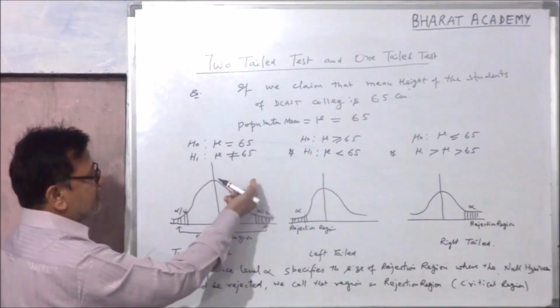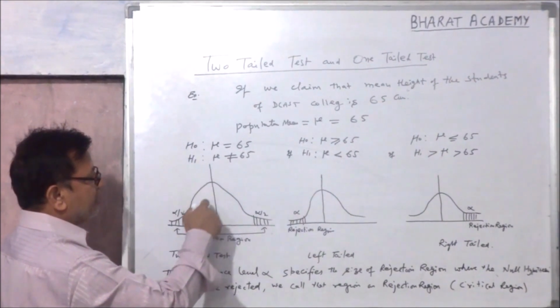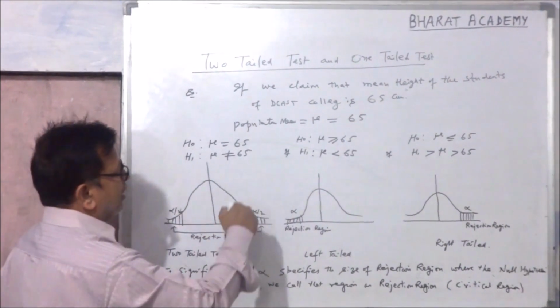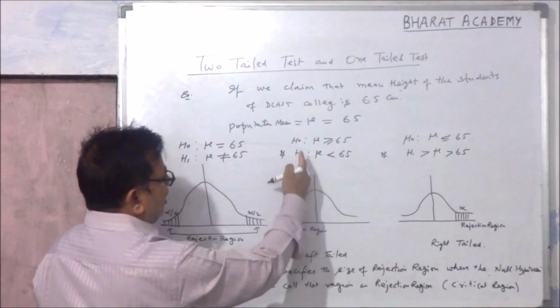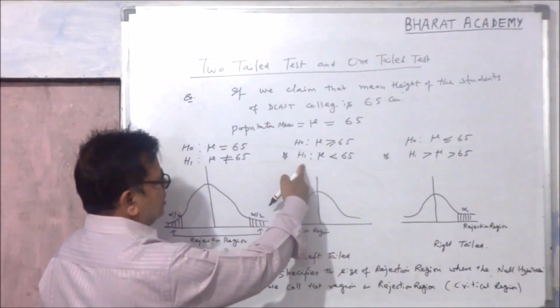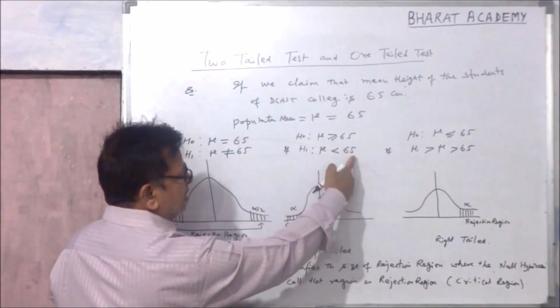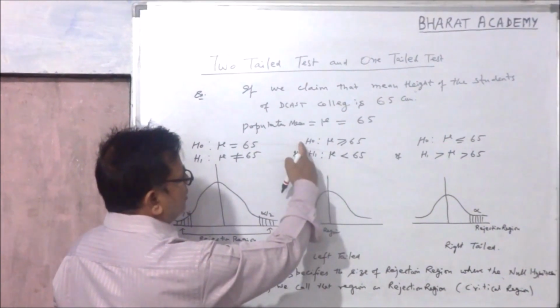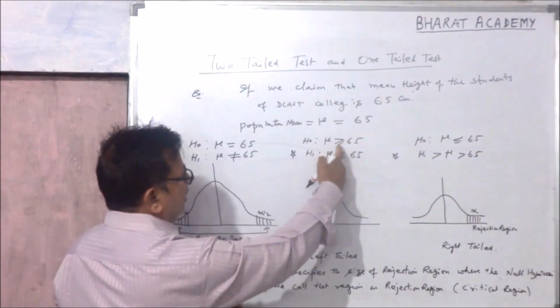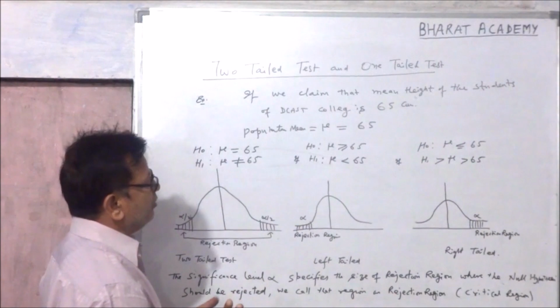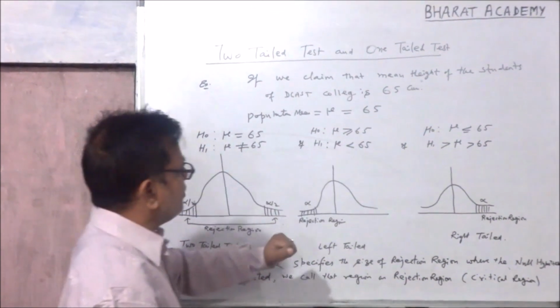It can be less than 65 or greater than 65. It is a two-tailed test.